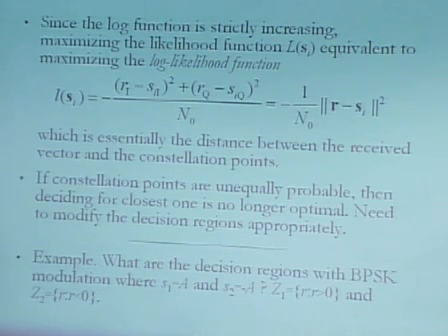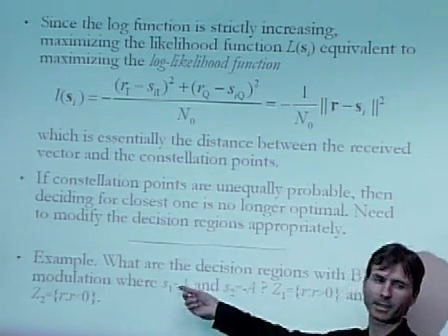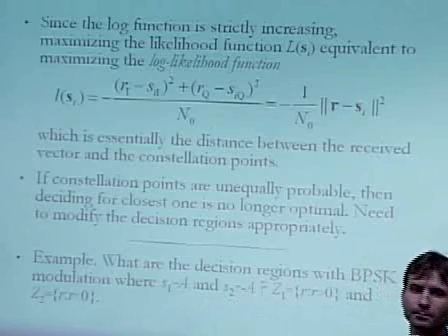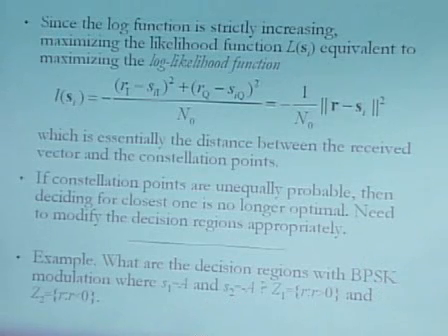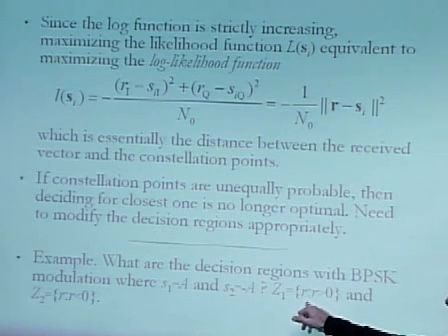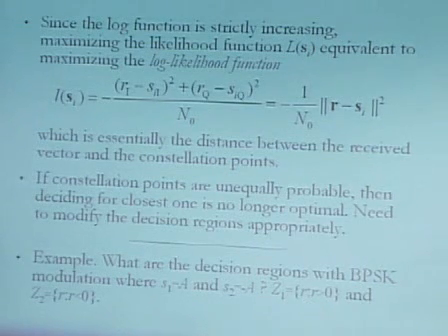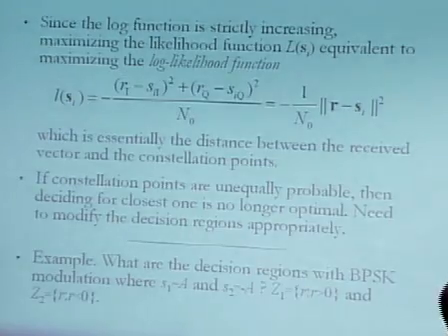So a trivial case. Here we have a modulation with 2 points. A point called capital A and a point called minus capital A. So the decision regions are 2. The first one is Z1. Okay, let me draw that. Yes. So this is a one-dimensional modulation.